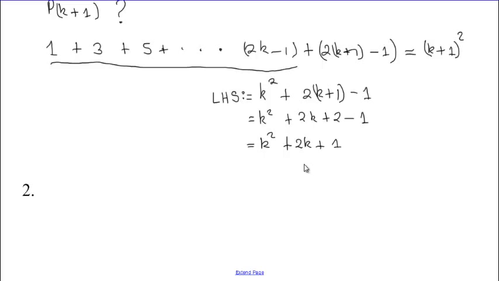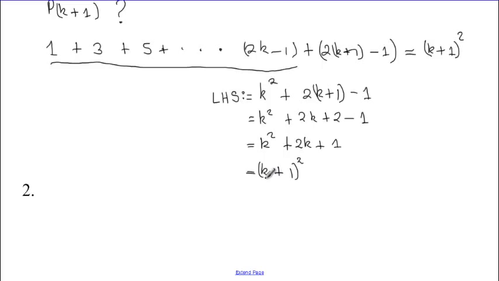Now, having simplified this left hand side, we can see that we've got something familiar here, which is a quadratic expression, which we can factorize, and we can see that this is actually a perfect square, which is k plus 1 all squared. If you're not sure of that, you can double check, but this is a perfect square.